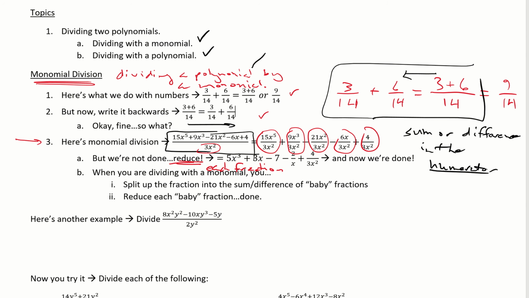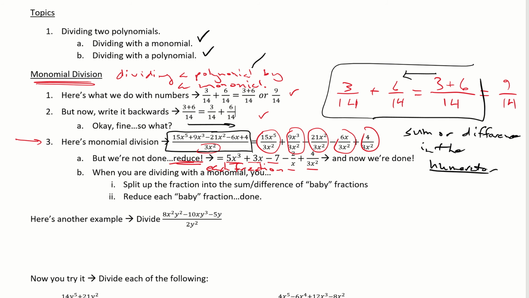I'll do examples, but here you can see 15 over 3 is really just 5. And then x^5 over x^2, subtract the powers. Each one of these is reduced individually. And that's how you do the math. This one, this one, this one. And that's your answer. I know it's kind of crowded.